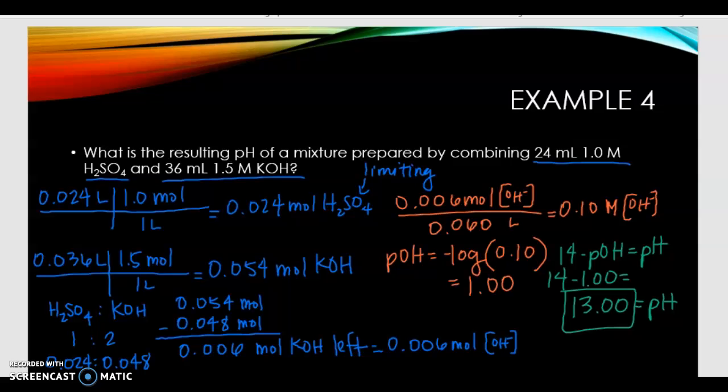H2SO4 was our limiting here, so we figured out that if I'm using 0.024 of H2SO4, that limits me. I'm going to have to use 0.048 of KOH to be able to neutralize the entire situation. So please make sure you're doing that mole ratio appropriately, and you are taking into consideration the subscript on either your H or your OH concentrations.